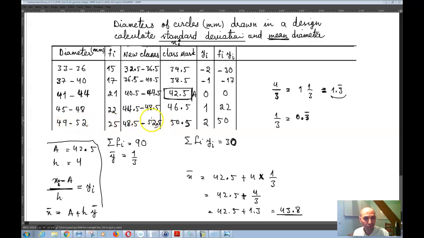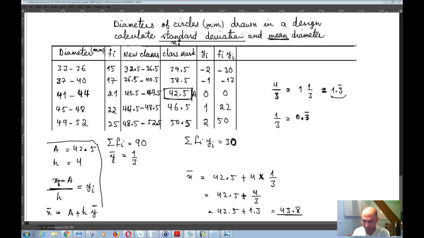48.5, 52.5, and then the class marks. Let me check these class marks. 32.5 plus 36.5 divided by 2 is 34.5, and then you have 36.5 plus 40.5 divided by 2 is 38.5, okay.